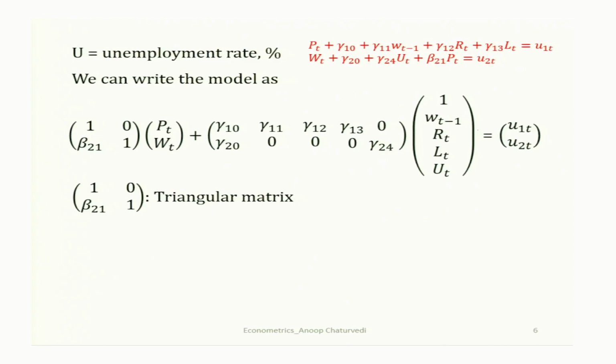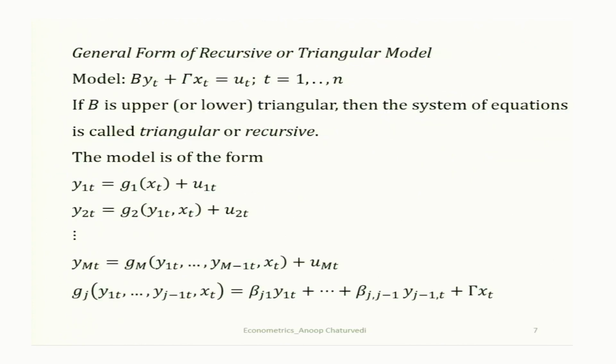So, again this matrix, if you write this matrix as B, then B is a triangular matrix, and you have a recursive system of equations. Now, we consider the general form of the recursive or triangular model. So, your model is, say, B y t plus gamma x t equal to U t.